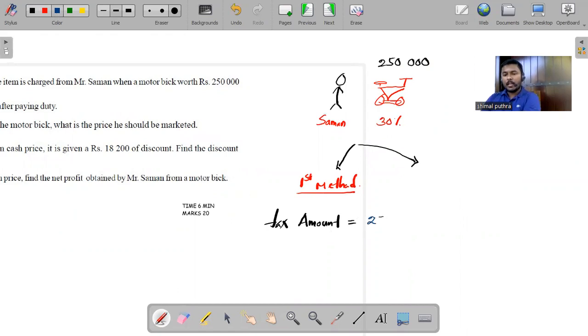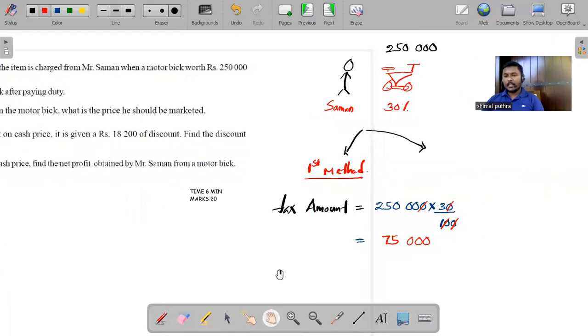The valuation is 250,000. From the 250,000, he paid 30% to the government, that means for the customs. Zeros cancel, so this is equal to 25 into 3, that is 75, followed by the zeros. That means he paid 75,000 rupees as the tax amount.